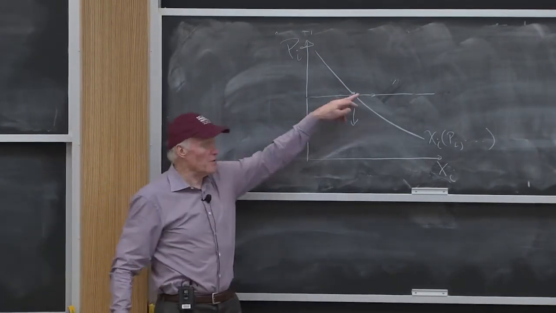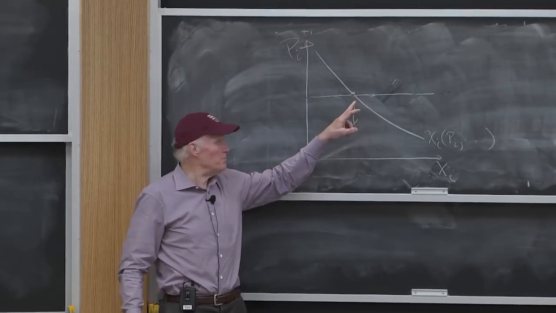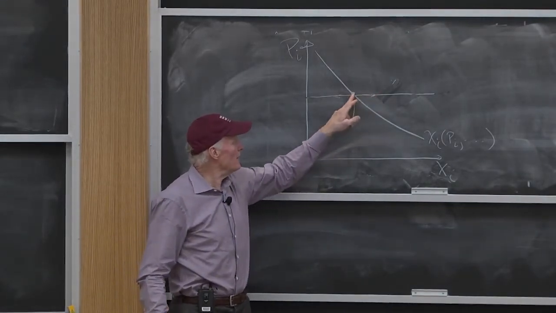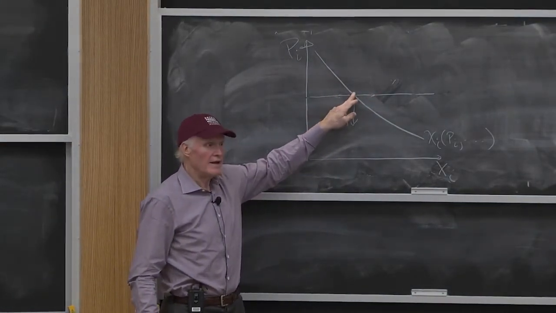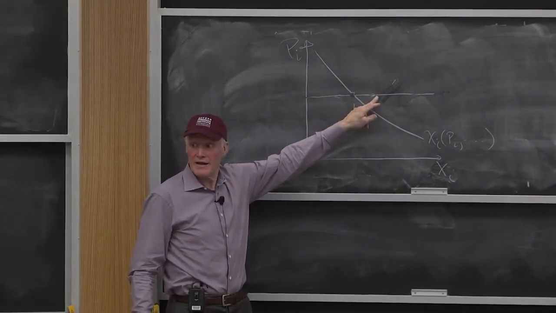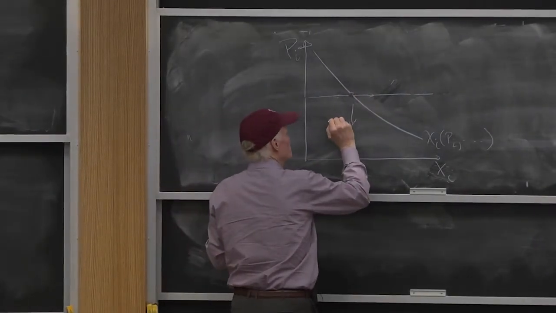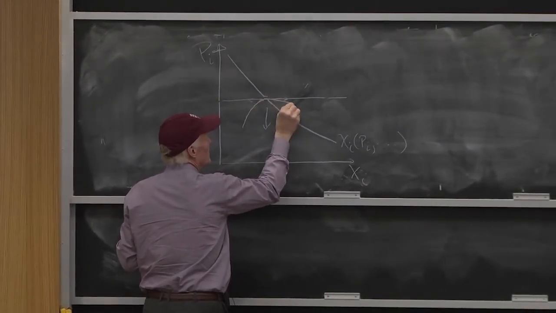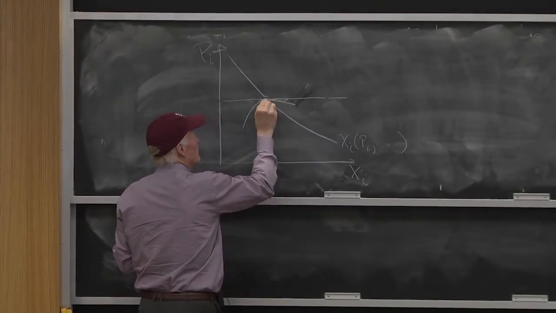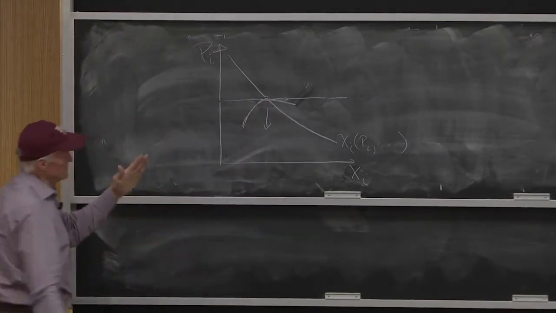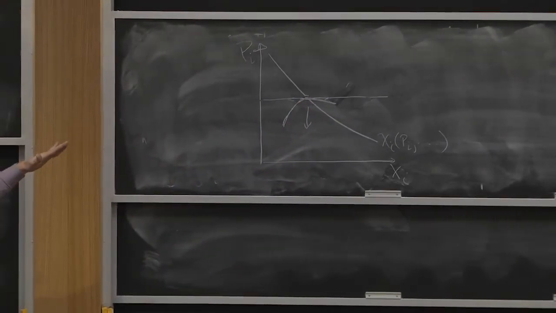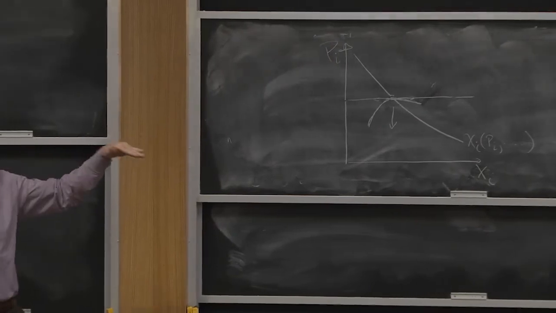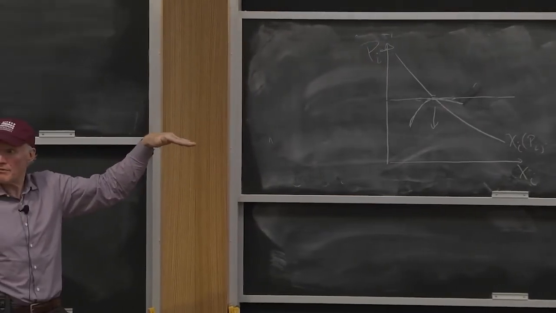But is going right always better? No, going right is better on this side and worse on that side. So his indifference curve actually is horizontal at that point, right? That's what his indifference curve kind of looks like. It's actually upward sloping on the left and downward sloping on the right and maximized at that point, right?